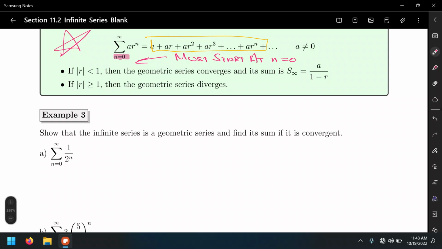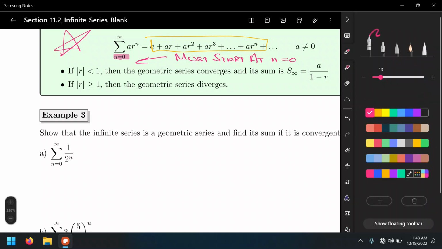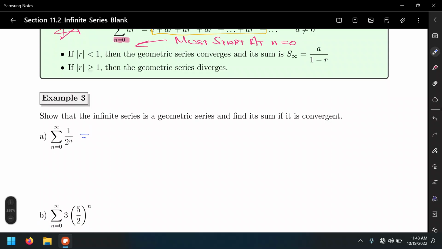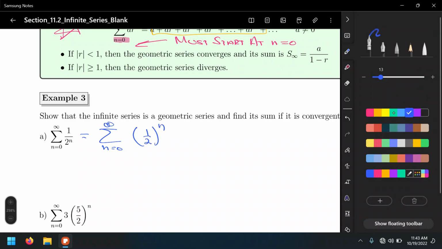Alright, so let's look at sigma n equals 0 to infinity of 1 over 2 to the n. Well, number one, unfortunately, this series is not yet in the correct form, the form a r to the n power. So we need to do the following. We write sigma n equals 0 to infinity of 1 times 1/2 to the n power, and I left a space on purpose so you can see that there's indeed an invisible 1 in here.